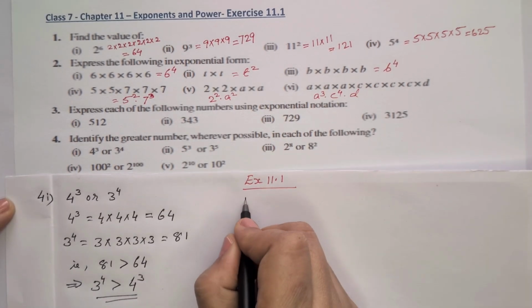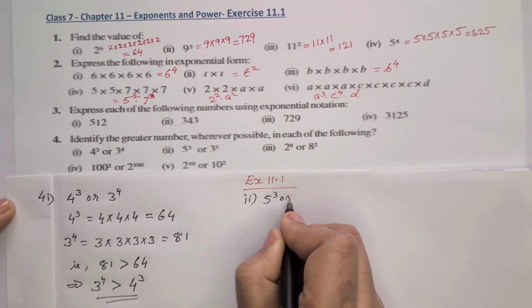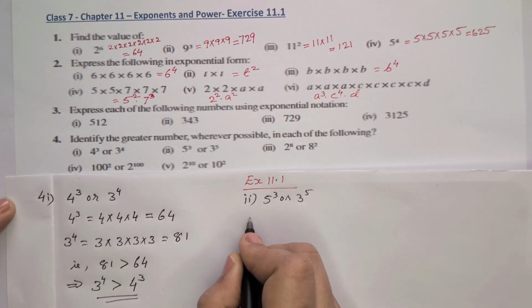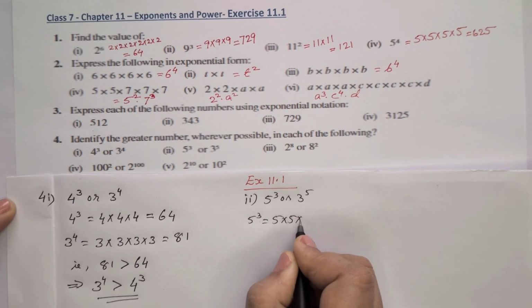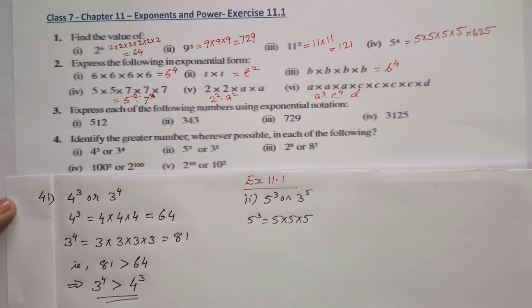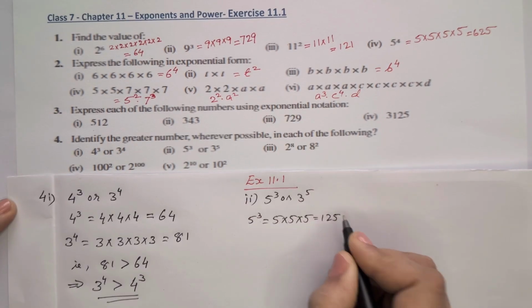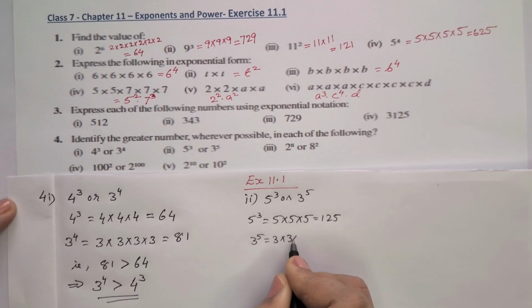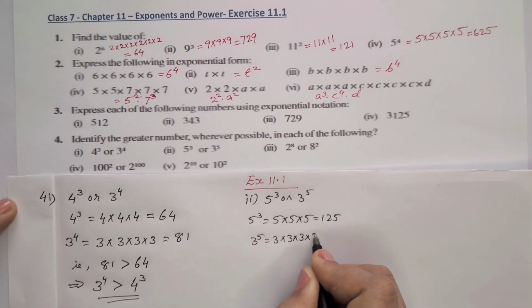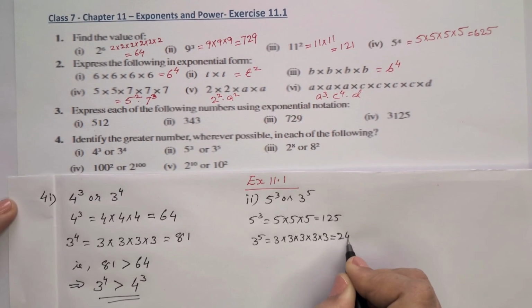Second question, 5 cube or 3 raised to 5. 5 cube means 5 into 5 into 5. 25 into 5 is 125. 3 raised to 5, which is 3 five times, is 243.